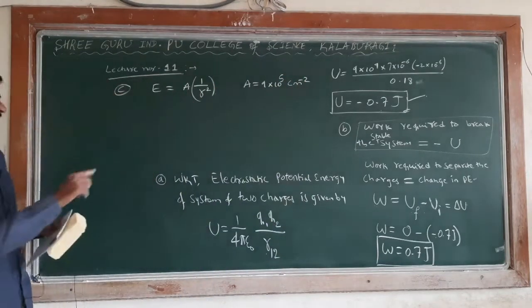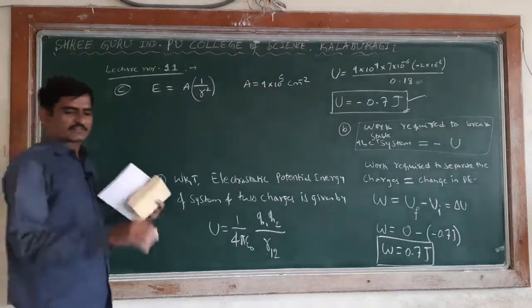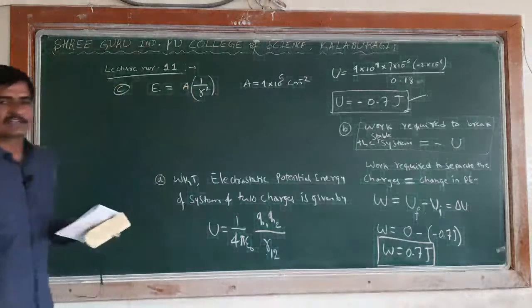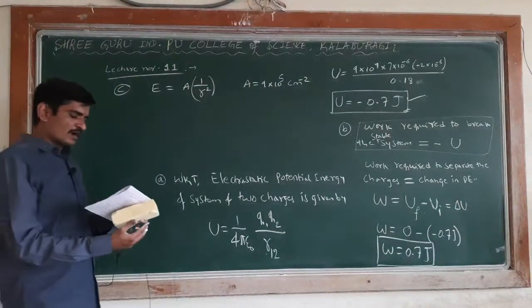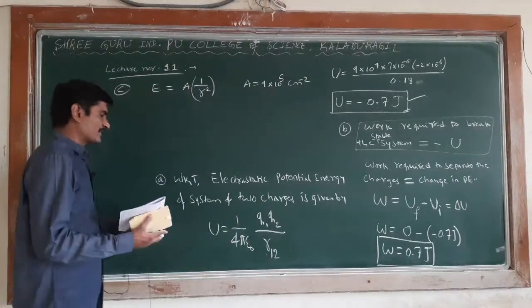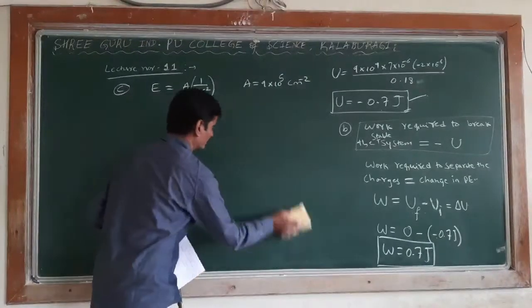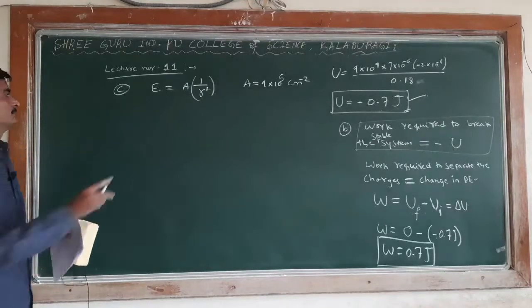So now the same system of two charges is placed in an external electric field. Then what would be the electrostatic energy of the configuration? That is, the energy of the system of two charges in an external electric field.